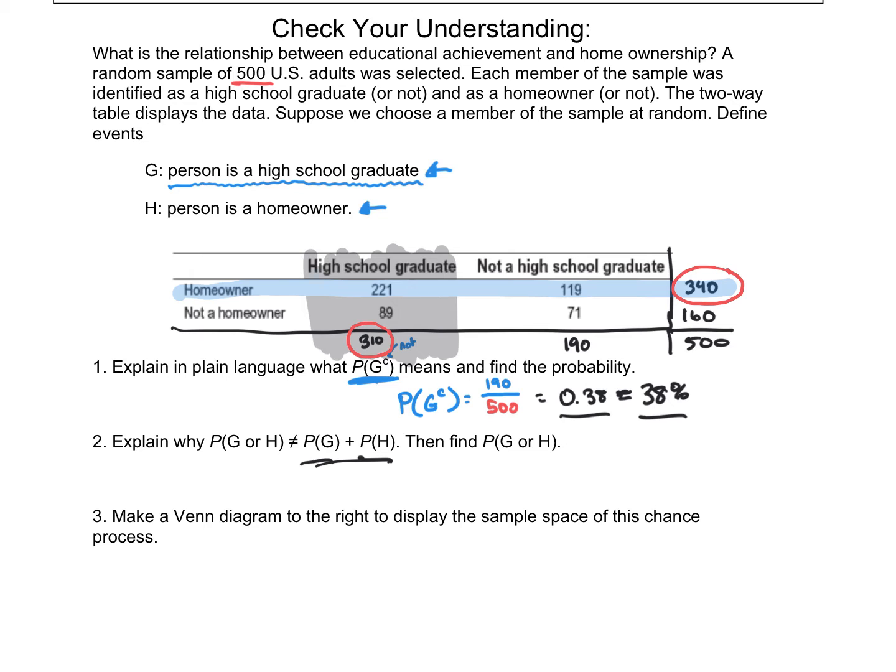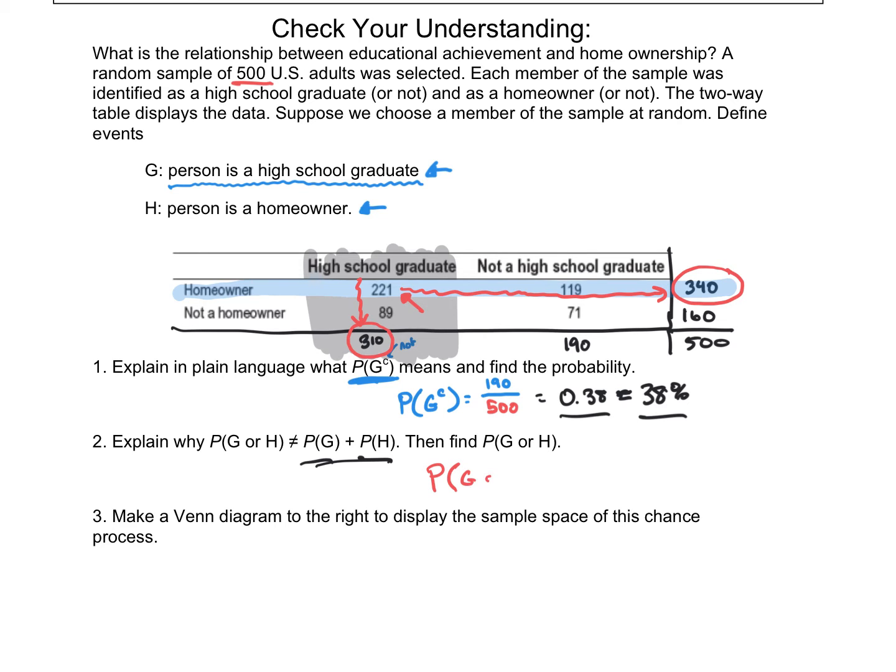And what is odd in that calculation, if we did that, these 221 people, they were counted with the high school graduate group, but they were also counted with the homeowner group. You can't double count people. So this is where the general rule comes in.